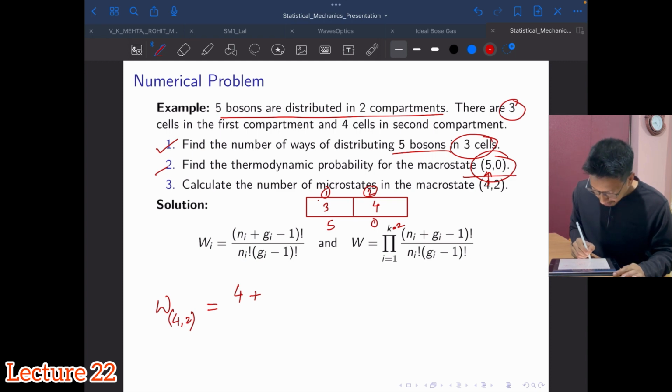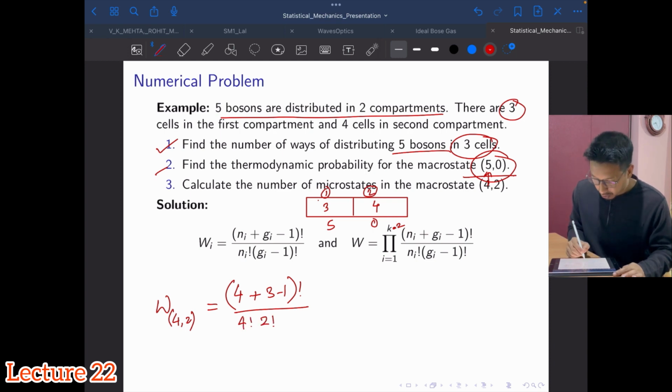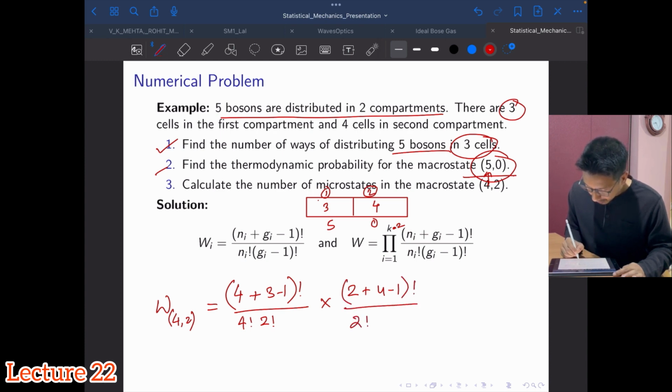So 3 minus 1 factorial, divided by 4 factorial and 2 factorial, right? 3 minus 1. So multiplied by, in the second compartment there are 2 particles, 2 plus Gi is how much? 4, so 4 minus 1, whole factorial divided by 2 factorial, then again 4 minus 1, that is 3 factorial.